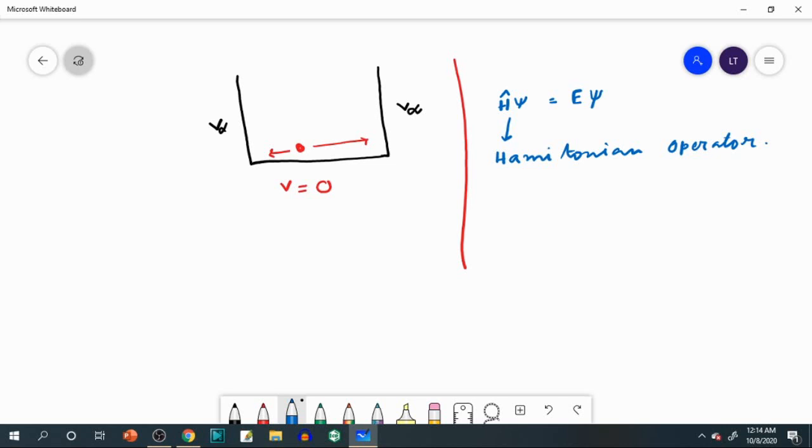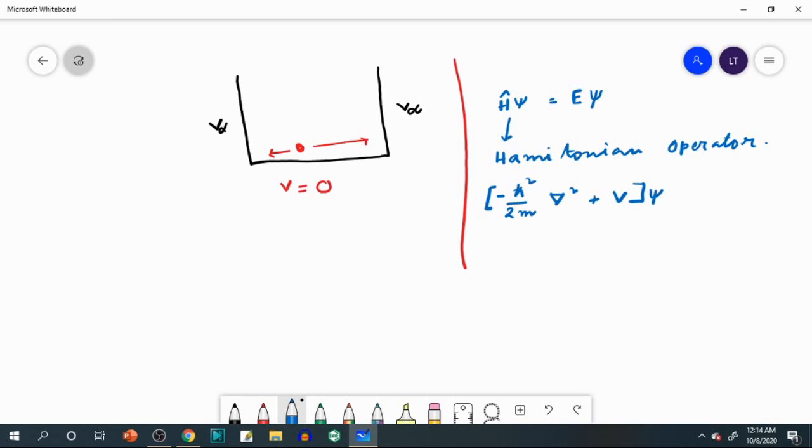Now the Hamiltonian for this particular system will be given by minus h cross squared by 2m del squared plus V, acting on psi.